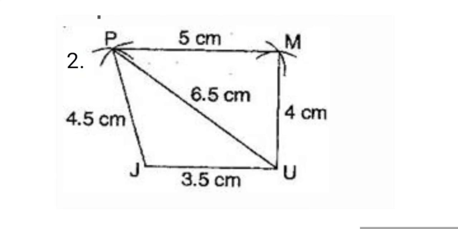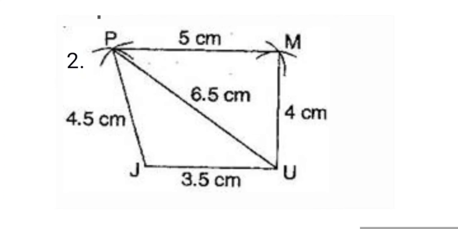So the steps are, first we will draw JU equal to 3.5 centimeter. Now draw an arc of radius 4.5 centimeter taking center J, and then draw another arc of radius 6.5 centimeter taking U as center.